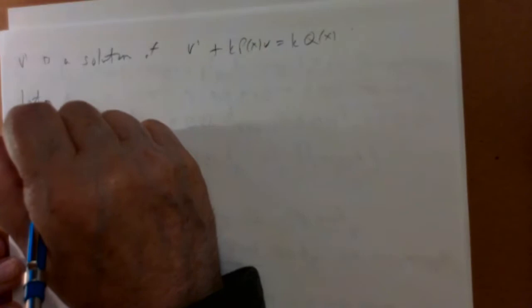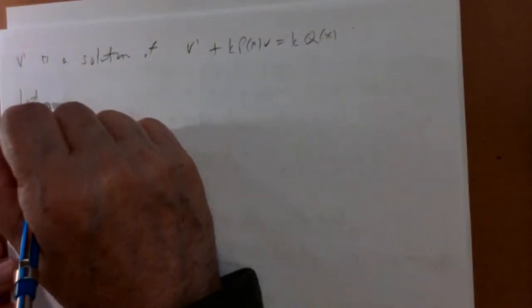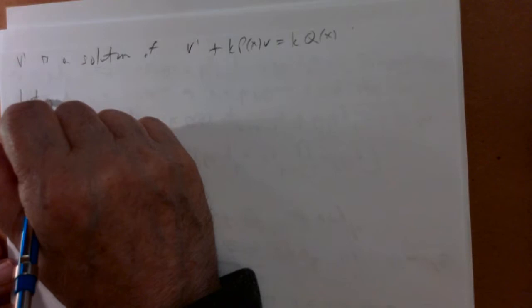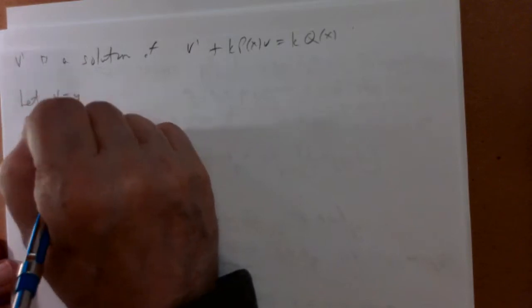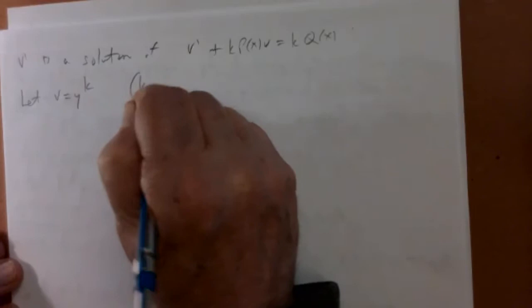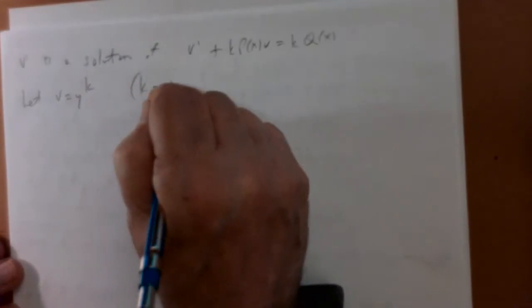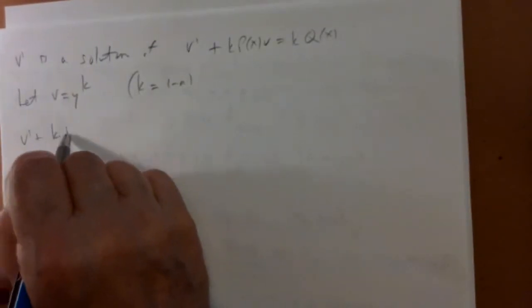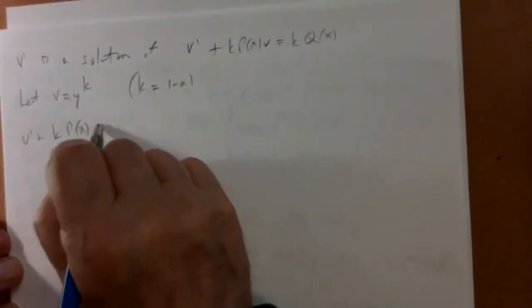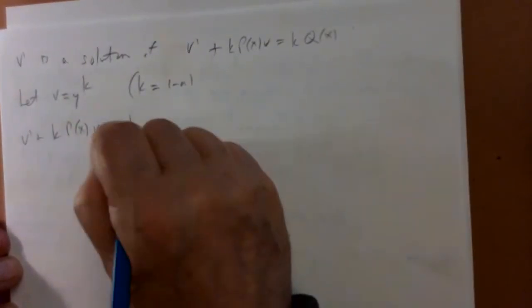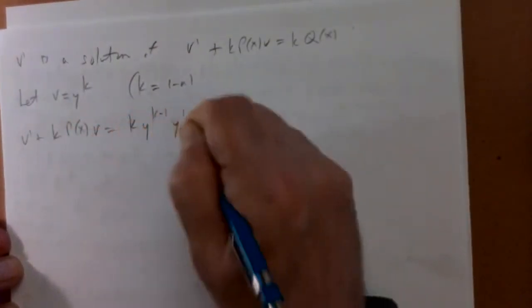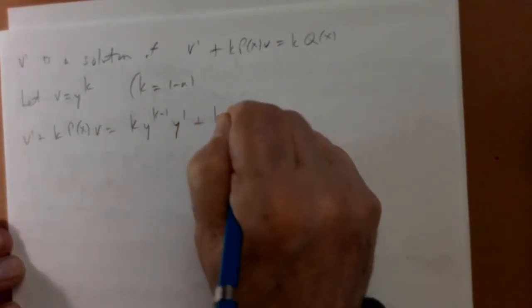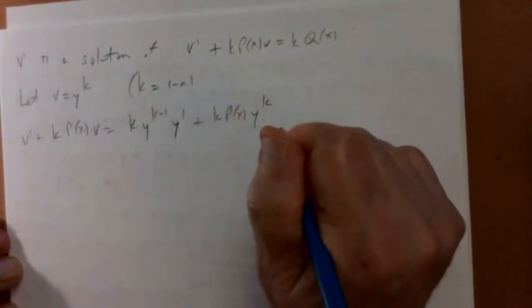Suppose we let v equal y to the k, where k is equal to 1 minus n. So v prime plus k p of x v, v prime is k y to the k minus 1 y prime plus k p of x v, which is y to the k.